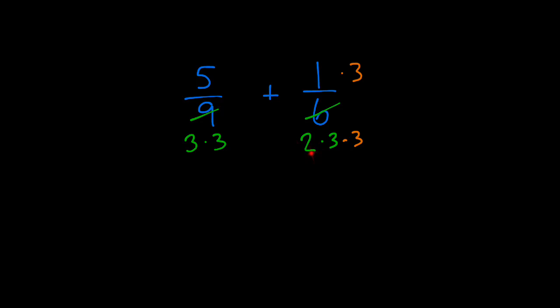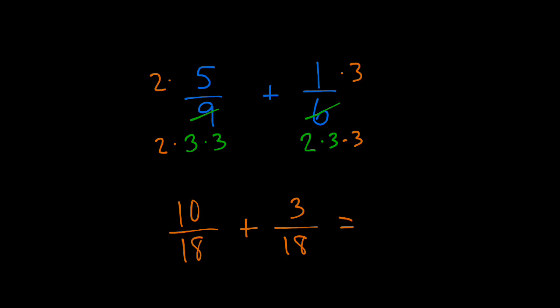From the right we have a 2, which we're missing in our denominator on the left, so we're going to multiply in a factor of a 2 on top and bottom. So that gets us to 2 times 5, so 10 over 2 times 3 times 3. That's going to be 18. Plus 1 times 3 is 3 over 2 times 3 times 3, 18. So this gets us to 13 over 18.